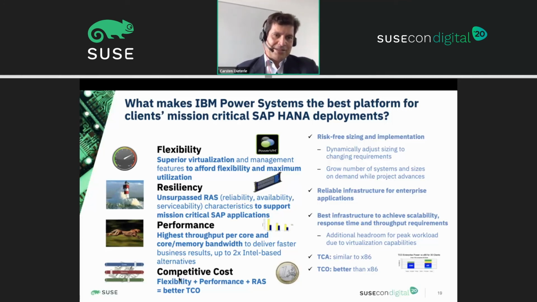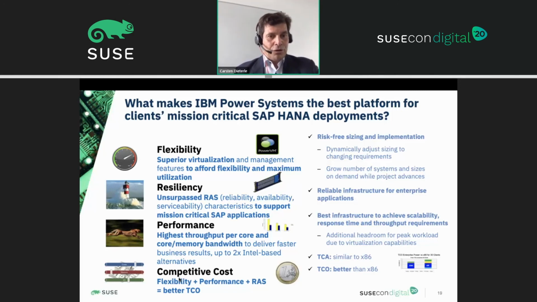High performance. We have the highest throughput per core and the best core to memory bandwidth, and together with the very good I/O bandwidth with our different technologies, with virtual I/O servers, we can provide the best performance for S/4HANA installations.